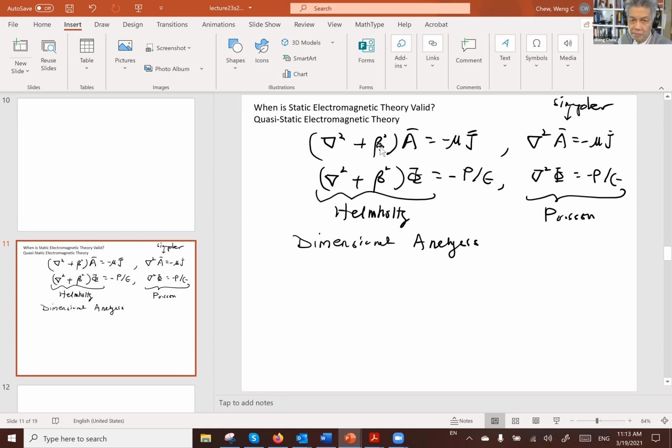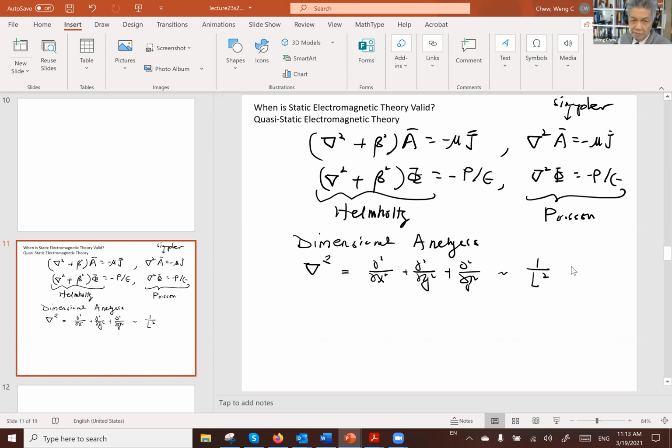When is this term small compared to this term? Okay, so I'm going to do the dimensional analysis rather quickly. And the Laplacian is partial square, partial x square, plus partial square, partial y square, plus partial square, partial z square, and it's having a dimension of 1 over L squared.